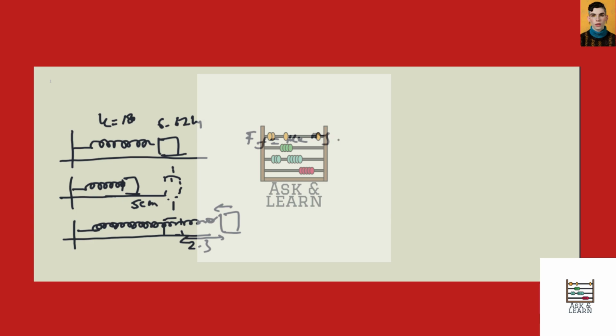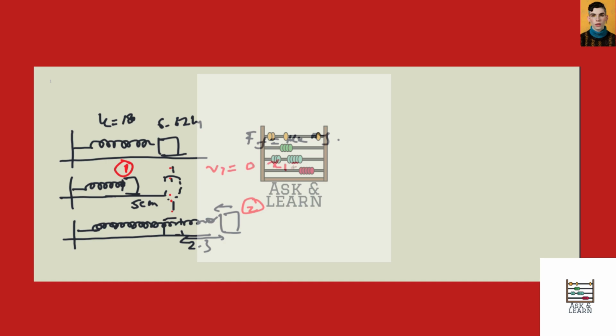All right, now the location 1 represents the block at the compressed location. So this is our location 1. And the location 2 represents the block at the maximum stretched position. So this is our location 2. And this is the equilibrium position, which is at 0, 0.